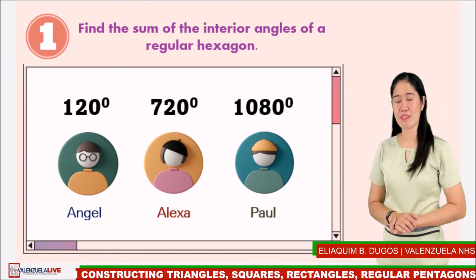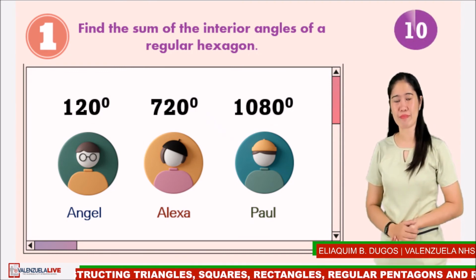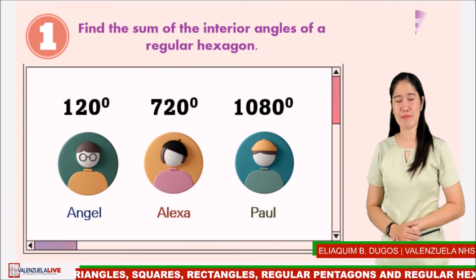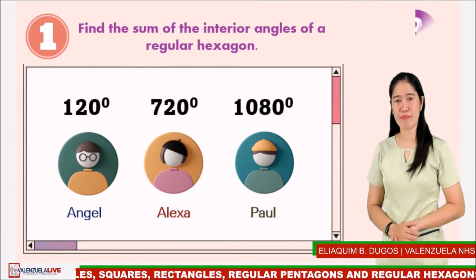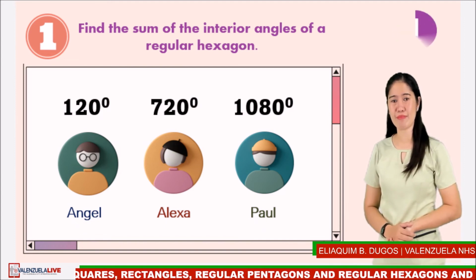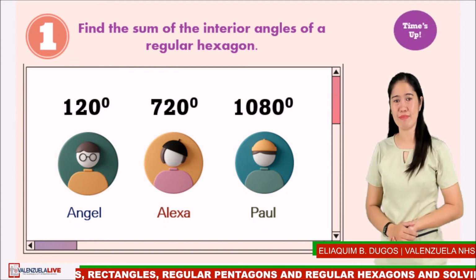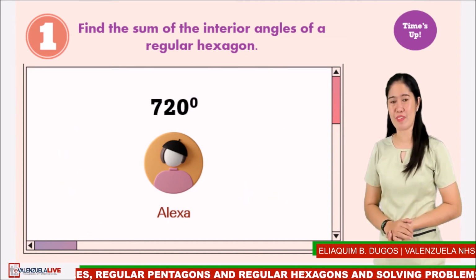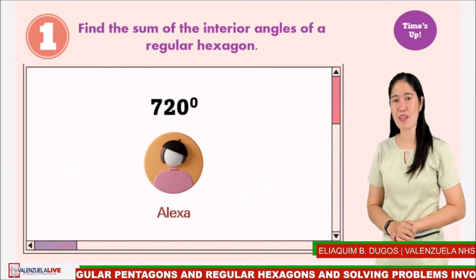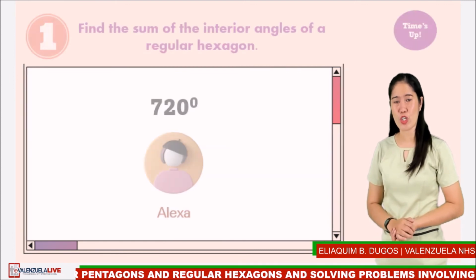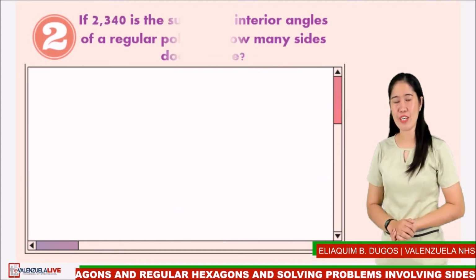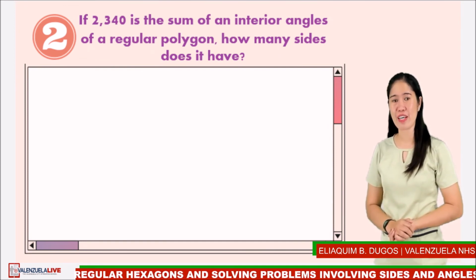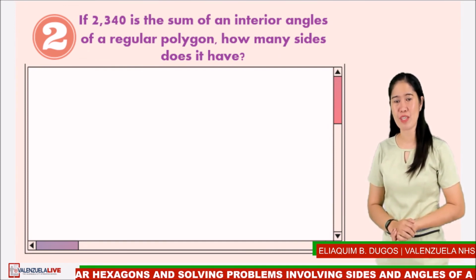Your timer starts now. And the answer is Alexa, 720 degrees.